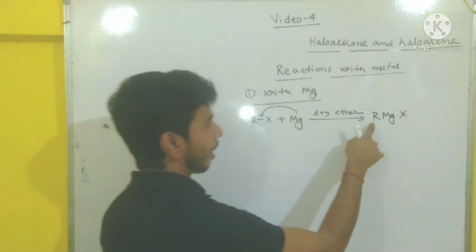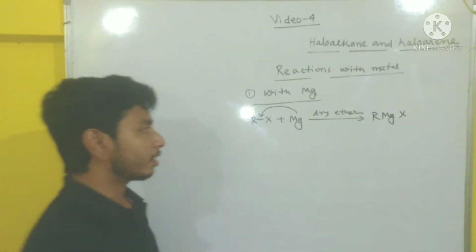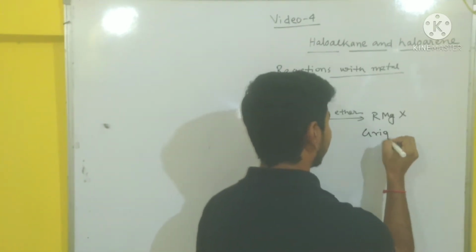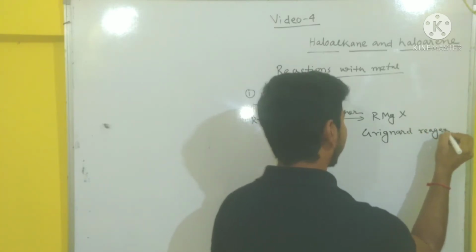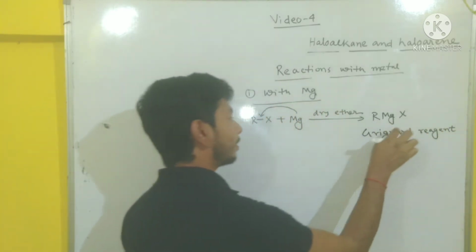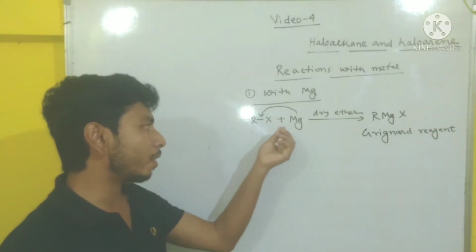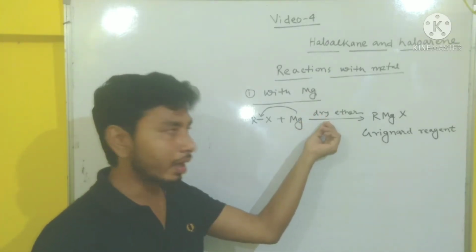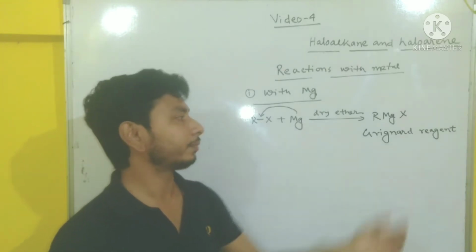This product is called Grignard reagent. So alkyl halide upon treatment with magnesium in presence of dry ether gives the Grignard reagent RMgX.